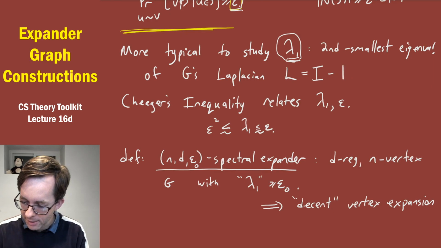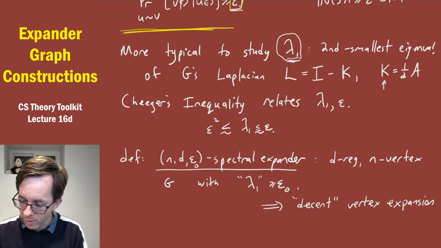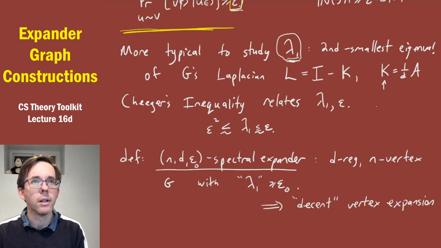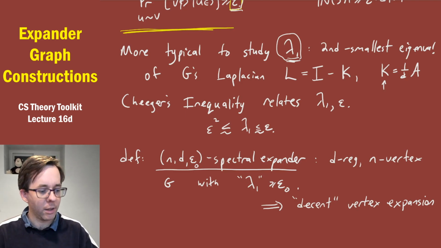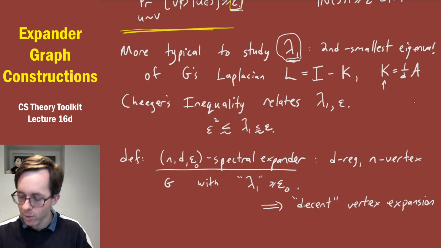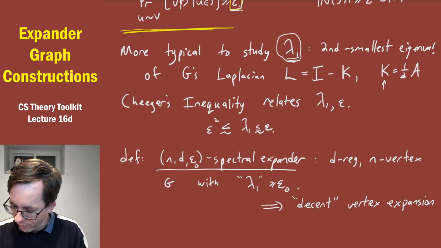This was I minus K, where K is the transition matrix for the graph, 1 over d times A. And this K had eigenvalues that we called kappa 0 through kappa n minus 1 as well. And they're just 1 minus the lambdas. So they satisfy that 1 is equal to kappa 0, greater than or equal to kappa 1, greater than or equal to dot dot dot, greater than or equal to kappa n minus 1.